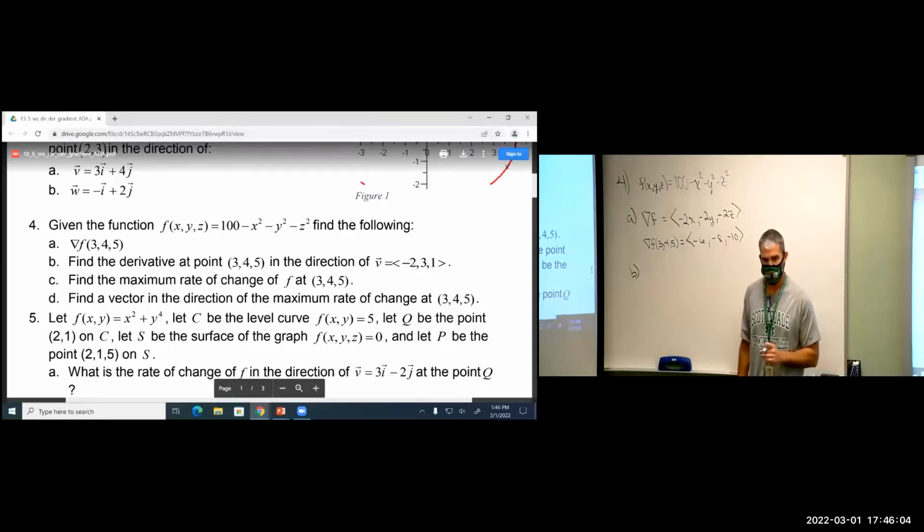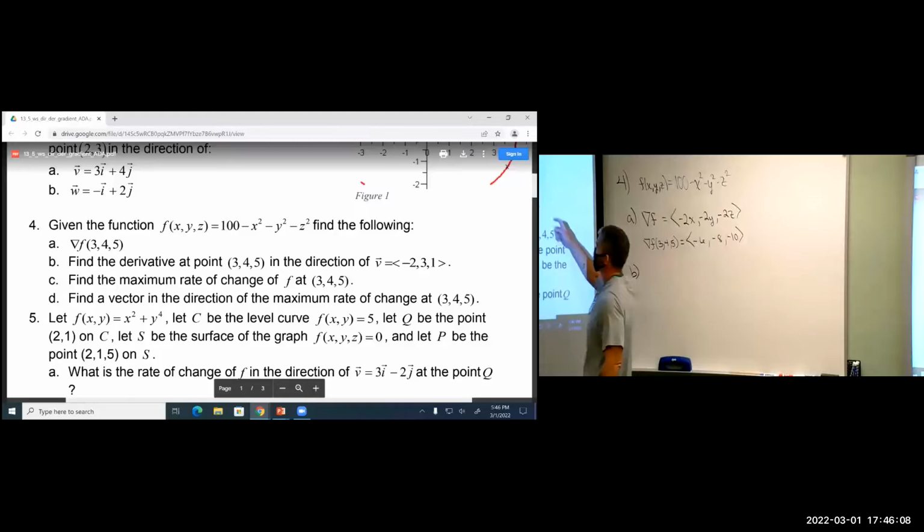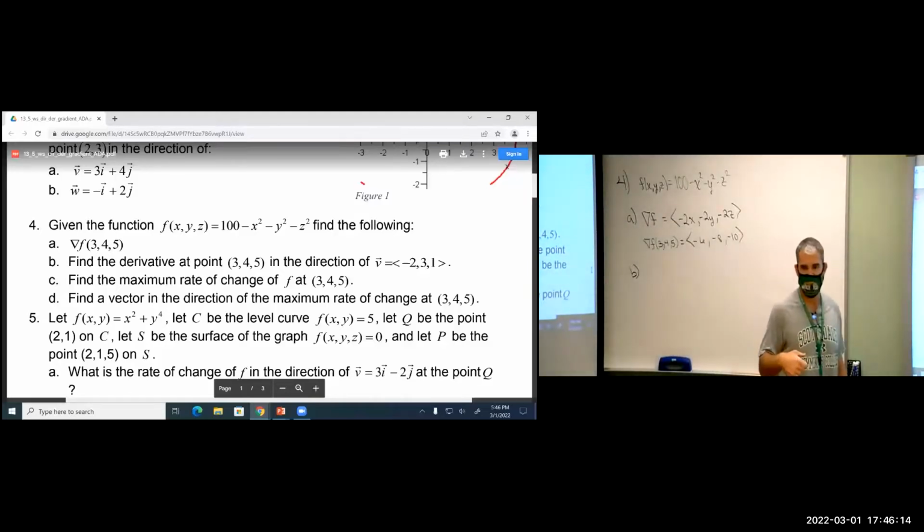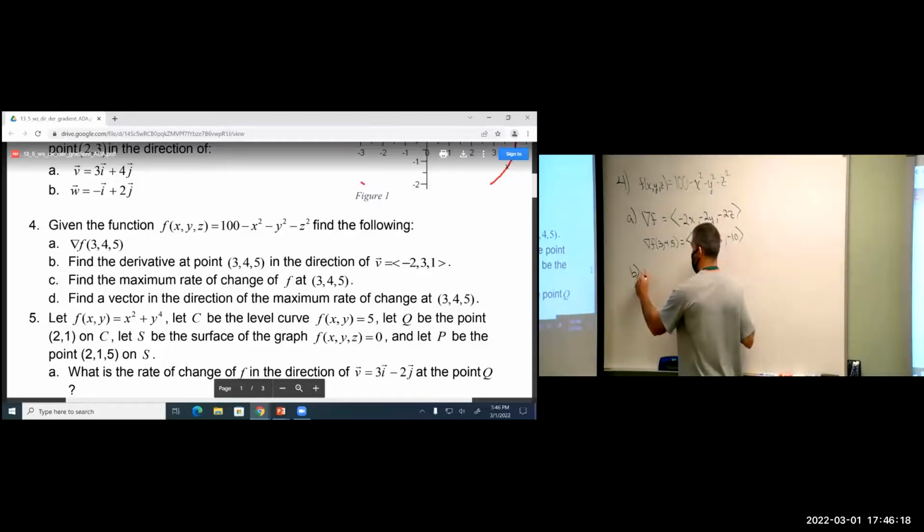We have to normalize the vector V, because remember what we want to do: we want to preserve the direction, but get rid of the magnitude. So the very first thing we'll do is make V a unit vector, which will have the -2, the 3, and the 1.